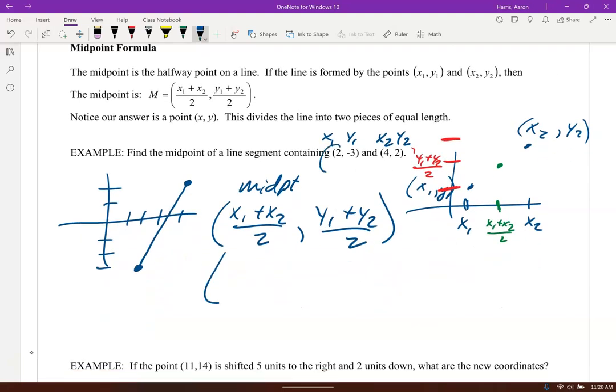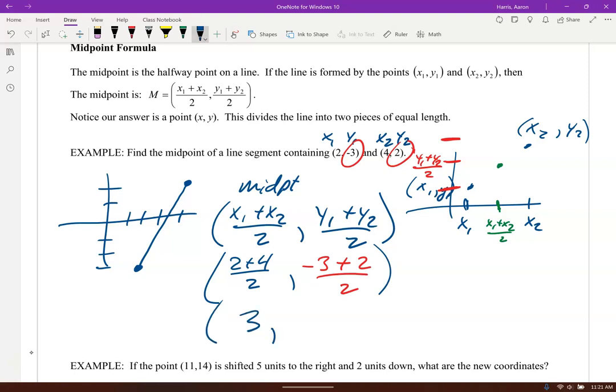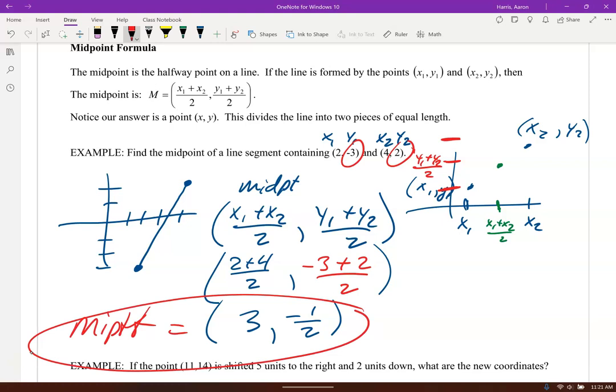Our x1 is 2 and x2 is 4, so I get 2 plus 4 divided by 2. And the y1 is -3 plus 2, all divided by 2. Well, 2 plus 4 is 6, 6 over 2 is 3. -3 plus 2 is -1 over 2. So 3, comma, -1/2. So here's the midpoint. If you go over 3 and down a half unit, can you see how that's the midpoint between the two?